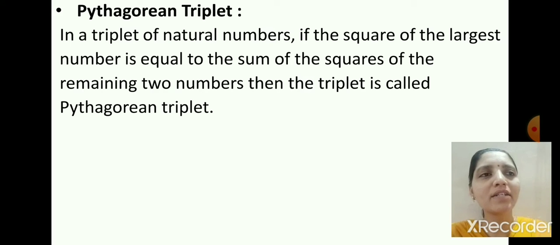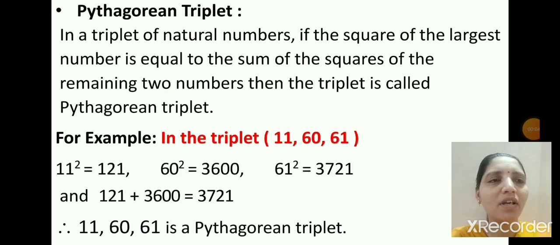Let's understand this with an example. Here I have considered three numbers 11, 60 and 61. First, what you have to do? First you have to find the square of each number. Now here I have written 11 square as 121, 60 square as 3600 and 61 square is 3721.